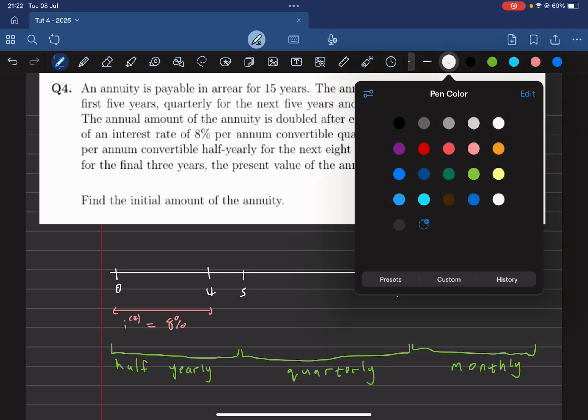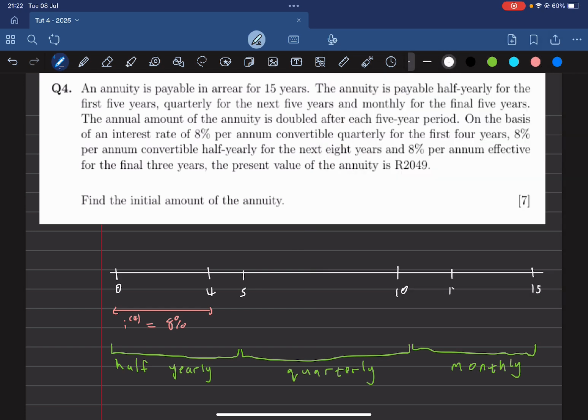That'll be from time 4 to time 12, which will be around here. So from time 4 to time 12, the interest rate convertible half yearly, so I'll write a little 2 for half yearly, is also 8%. And then finally, for the last 3 years, it says the effective interest rate, so I'll just write an I, is also 8%.